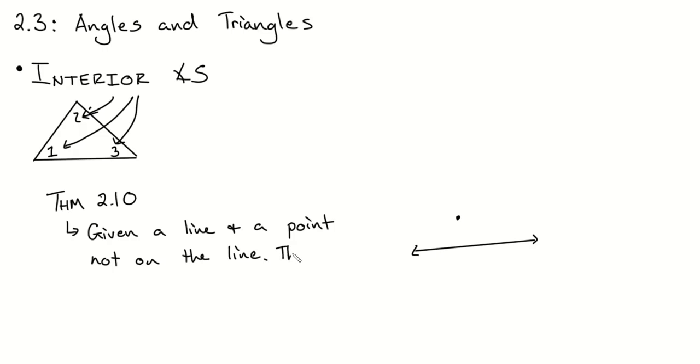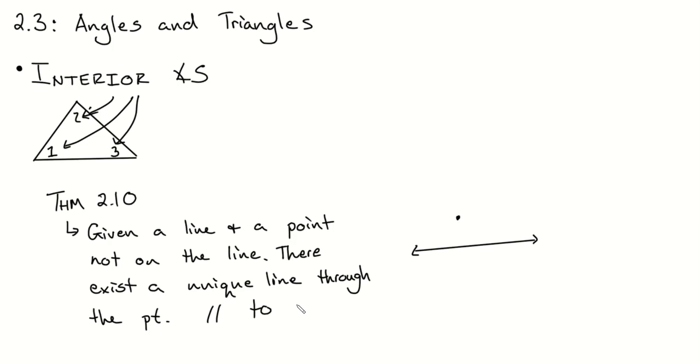we're going to say that there exists a unique line through the point parallel to the first line.